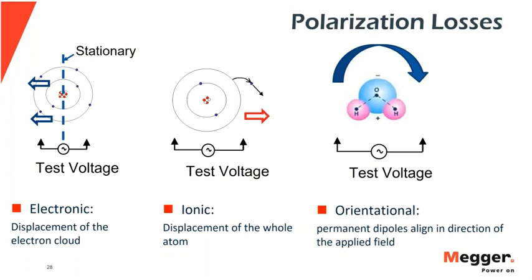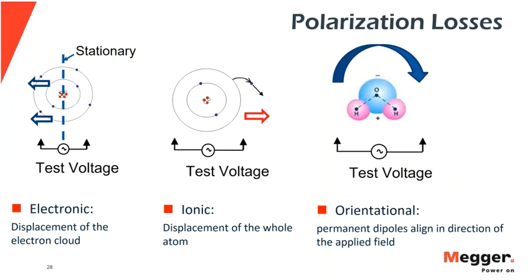This is when the electron cloud or ring around the nucleus of an atom shifts with respect to that stationary atom. So it's not movement of the entire atom, it's just movement of that electron cloud. When it tries to move, there's inertia opposing the movement, and that's what results in loss. It takes work for those electron clouds to displace.